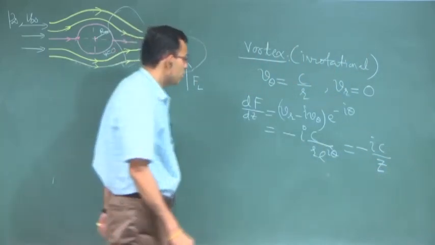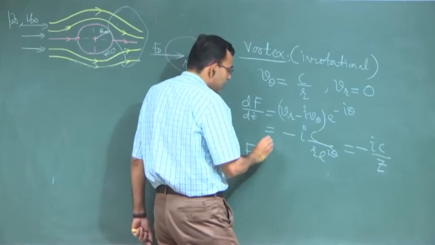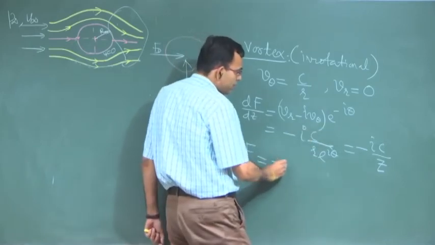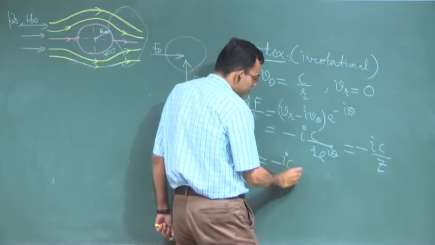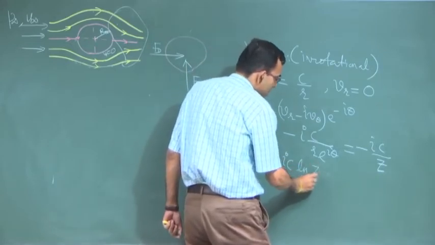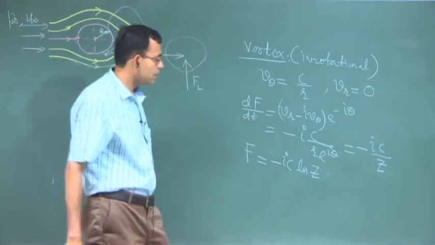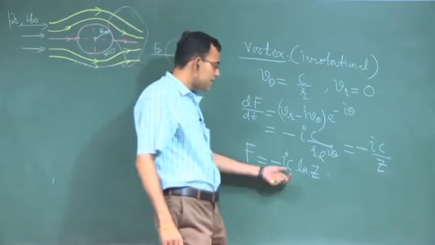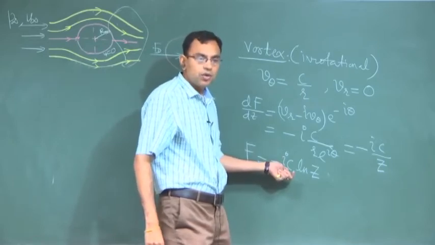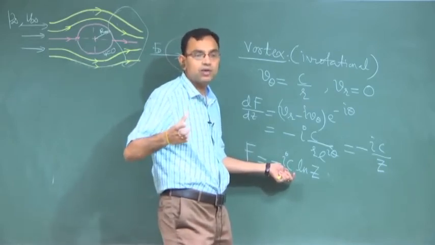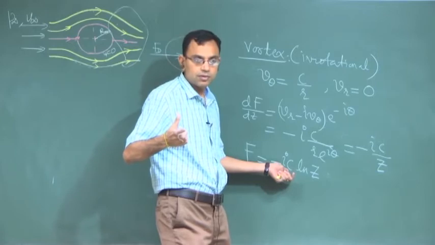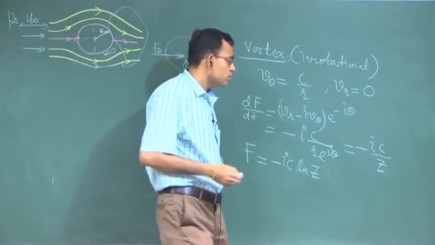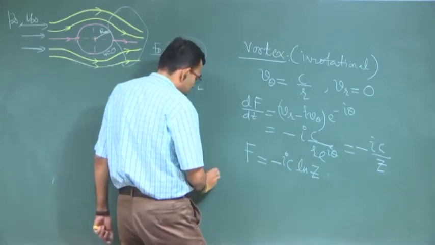So, F, the complex potential, you can find out by integrating this with respect to z. So, F is minus i C ln z. Now, this C is an arbitrary constant, we should relate it with the strength of the rotation, which is the so called circulation. So, the circulation is defined as follows.